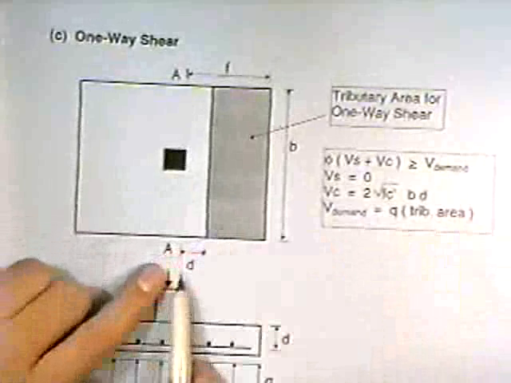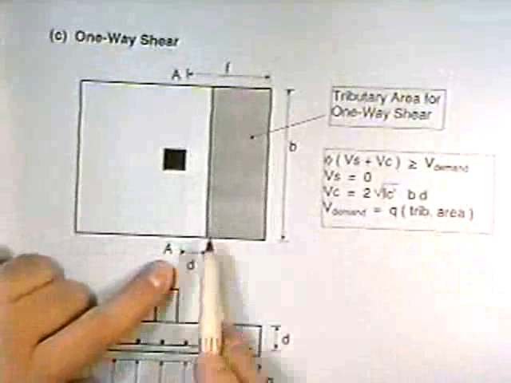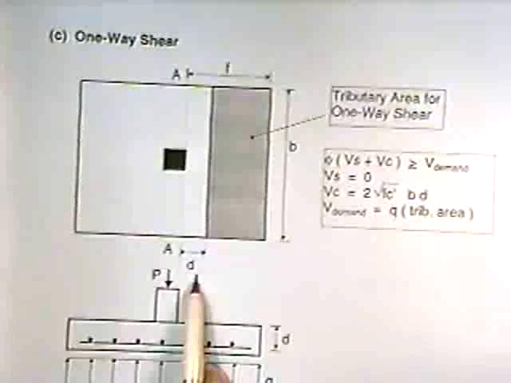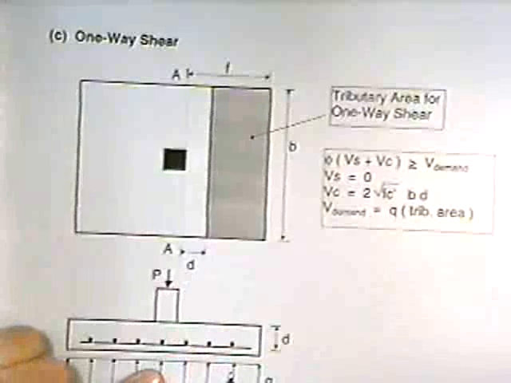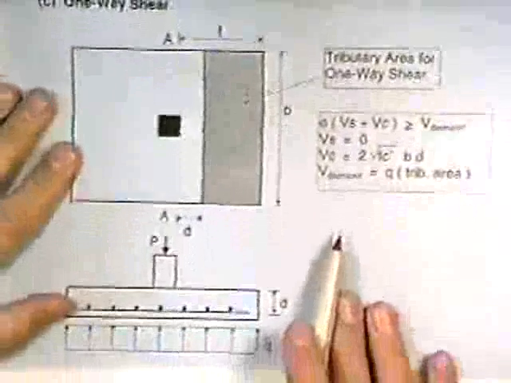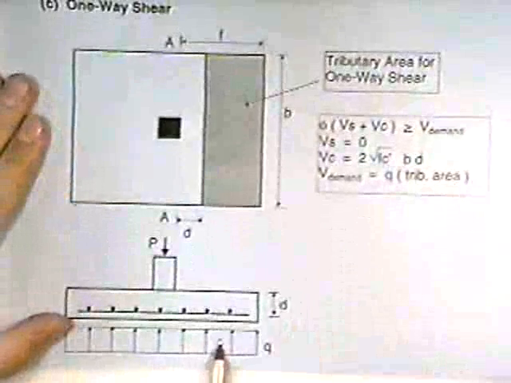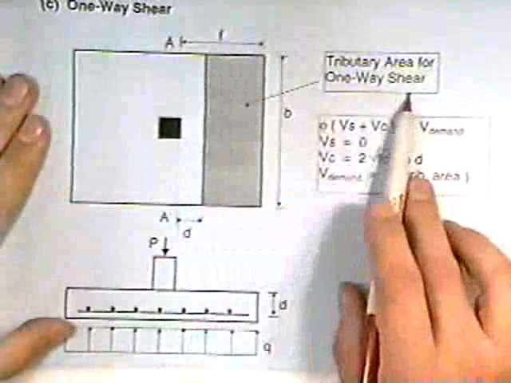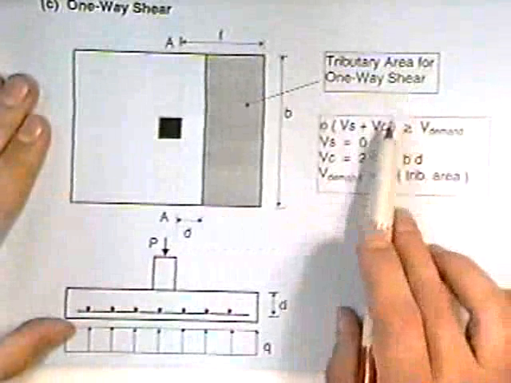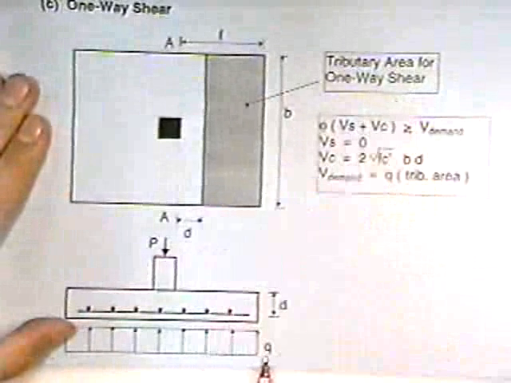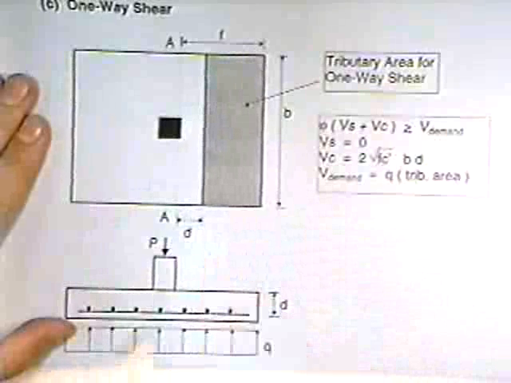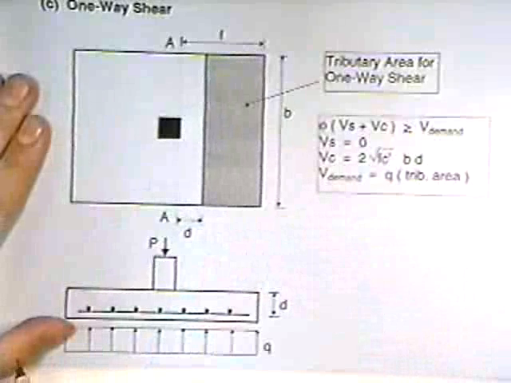If you take a look at that hashed line, the distance between AA and the shading is the distance D. Now, you have your uniform loading below. The shaded area is the critical area for shear. So to find your demand, you multiply Q times this area in here. That would be the demand shear force.